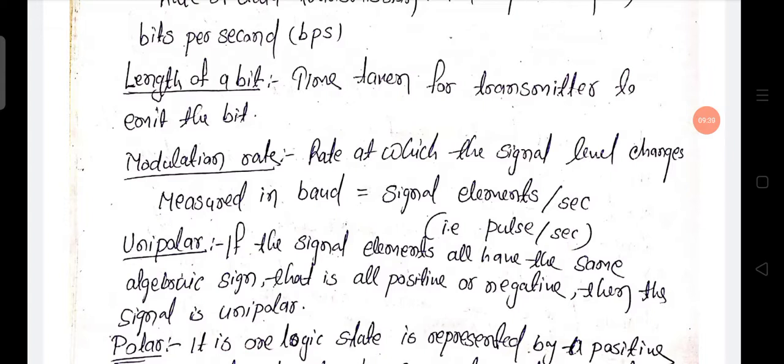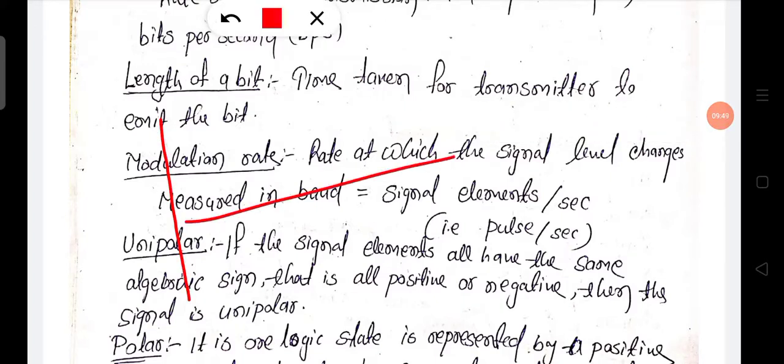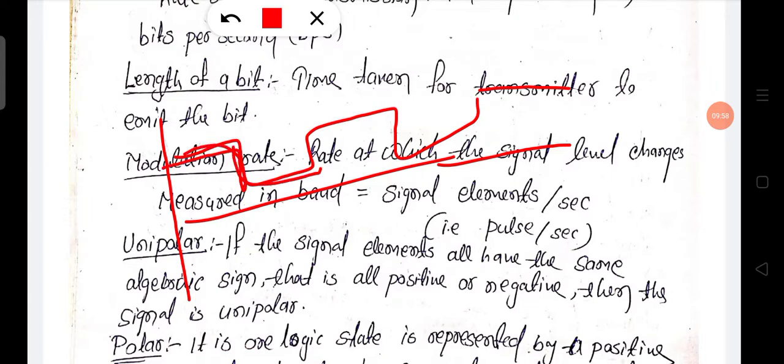Here this is one element, this is one element, this is one element.